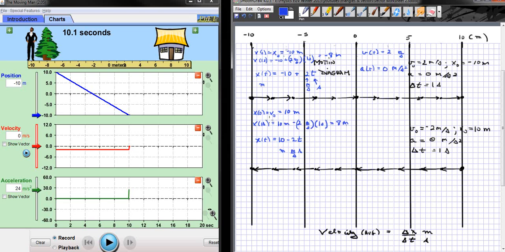And so 1 second after start, the man is at position 8 meters, 2 meters to the left of where he started at 10 meters. And so he's moving in the negative direction. The minus 2 is the slope of this curve right here.